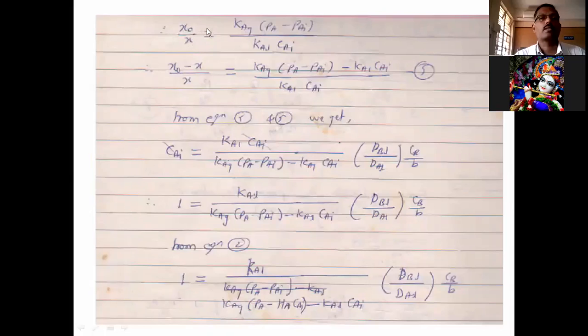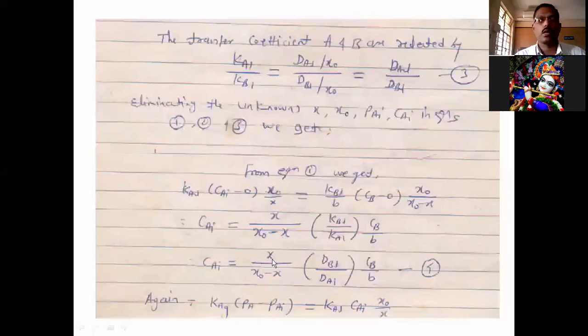This x naught minus x upon x, subtracting the denominator, x naught minus x upon x is equal to K_G into P_A minus P_AI minus K_L into C_AI upon K_L into C_AI, equation number 5. So from equations 4 and 5, we obtain C_AI, in which we write x upon x naught minus x in the earlier equation, equation 4.